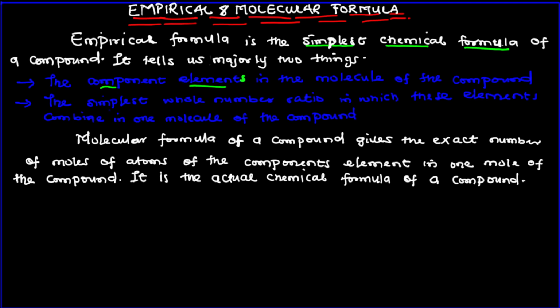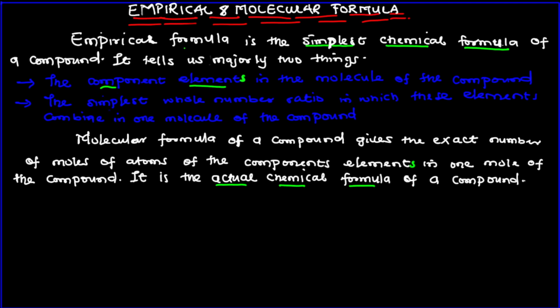I'm going to explain. Now, the molecular formula of a compound gives the exact number of moles of atoms of the component element in one mole of the compound. It is the actual chemical formula of a compound.